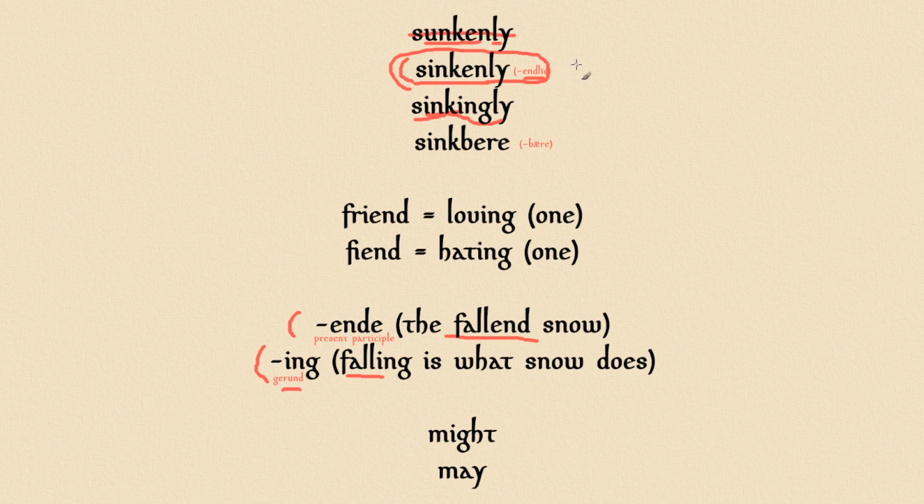So, for example, sinkenly could mean something like sinkable, but it could also mean sink capable. So you could say the Titanic was sinkenly because it was able to be sunk or sunken, but a torpedo could also be said to be sinkenly because it is capable of sinking other things.